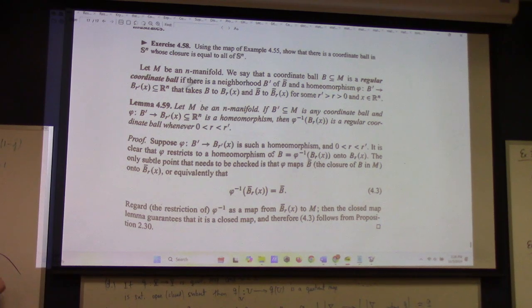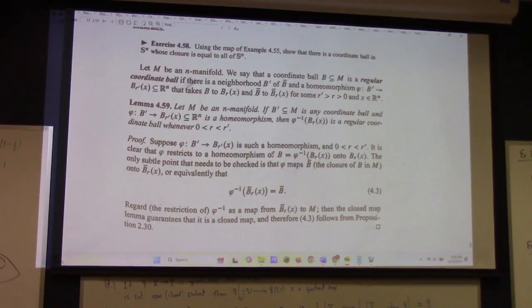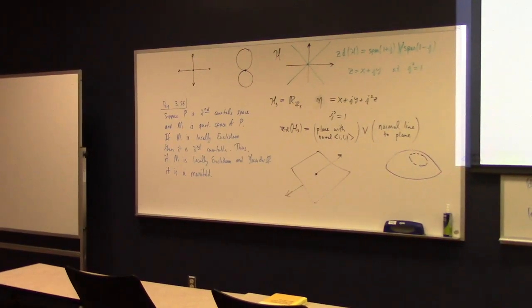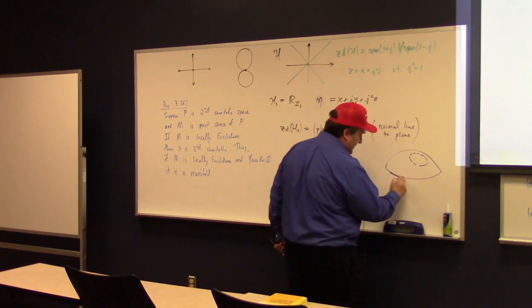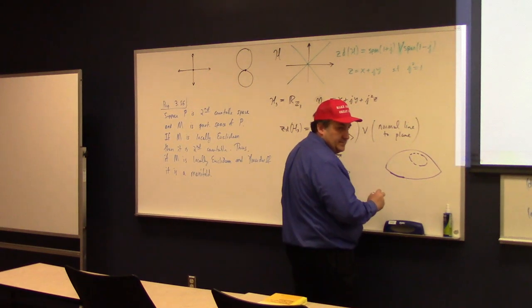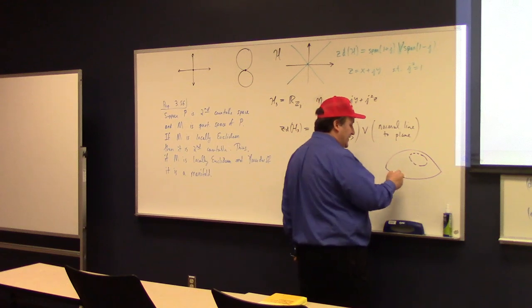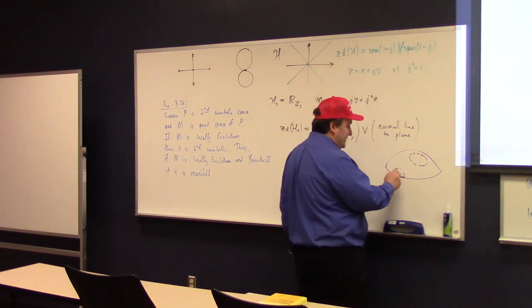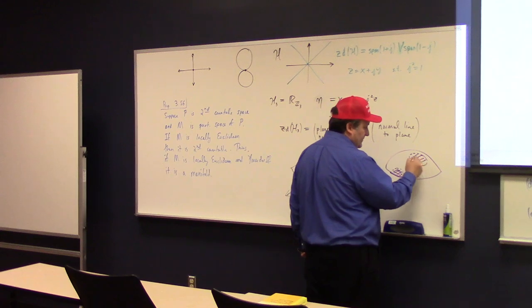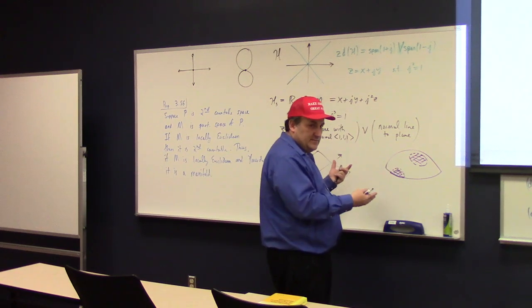If this is my manifold, you've got these open sets up here, but on the boundary, I'm drawing the bottom edge as if it's the boundary, those are still in bijective correspondence with some subset of the plane.